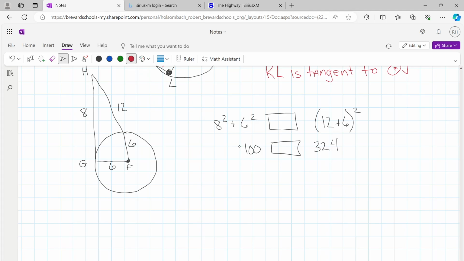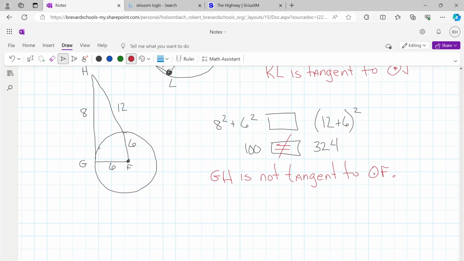All right, and since 100 is not equal to 324, then we say GH is not tangent to circle F. The sum of the squares of the legs is not equal to the hypotenuse squared.